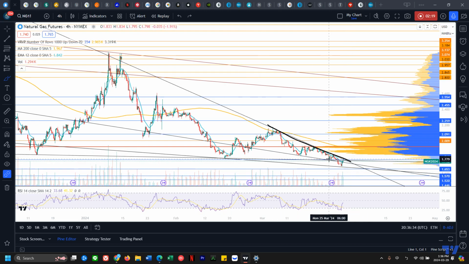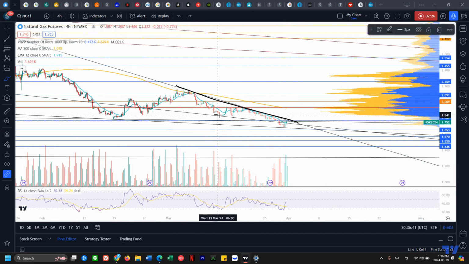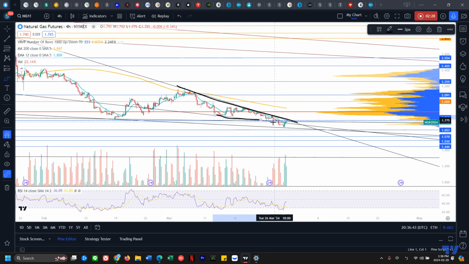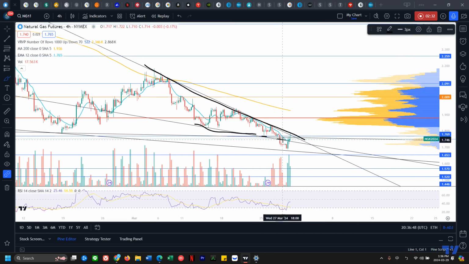That's the falling wedge resistance, and this is the falling wedge support. Over here, just a minor support, and we had another one here, bounced off of that, and this was pretty much a bear breakout of this falling wedge here.